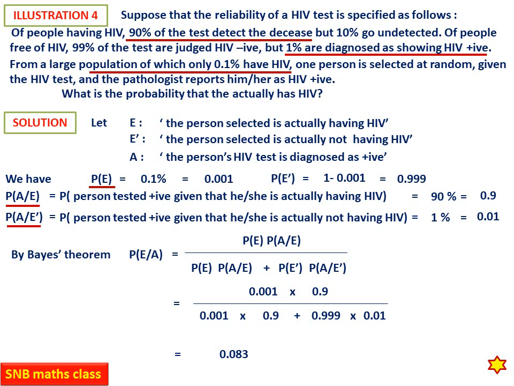Simplify, of course, it gives 0.083 approximate value. Simplification I don't do because it takes unnecessary time, and simplification is not a problem for you. Using a calculator also you can do it if it is allowed, otherwise manually. So this is the answer.